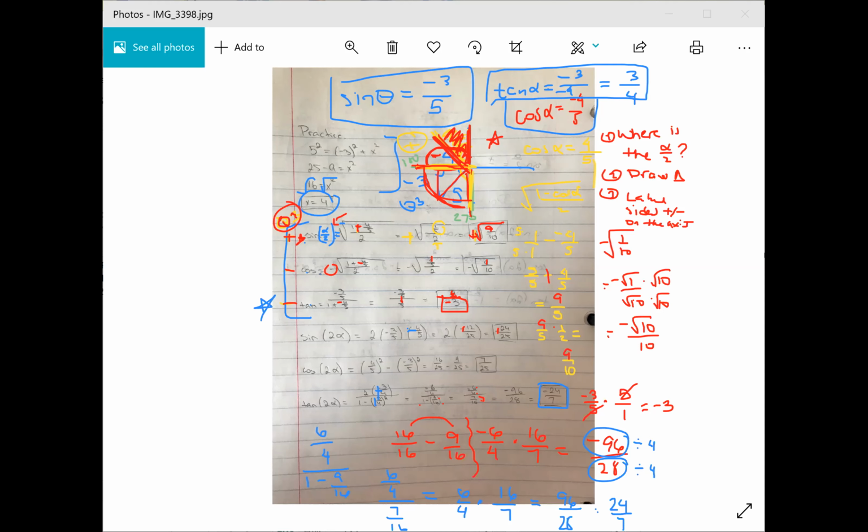I ran out of space, but that's basically the fourth step: find sine, cosine, and tangent. Find all three of those, and just make sure of your signs first. Once you are 100% sure about your signs in this part, then everything else is just plugging everything in.